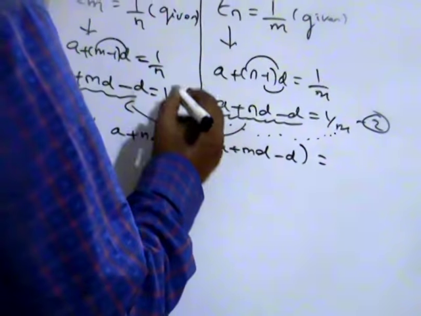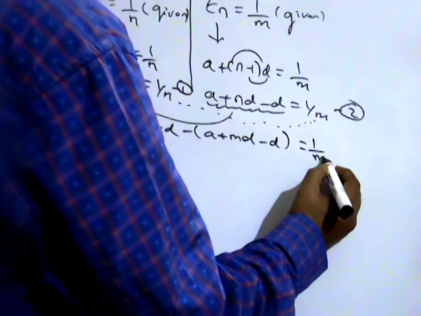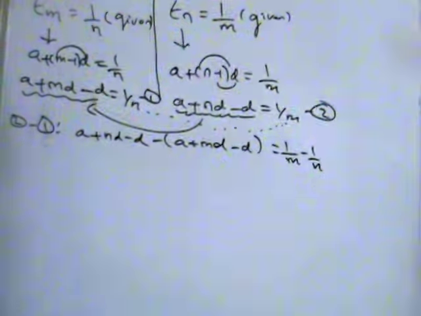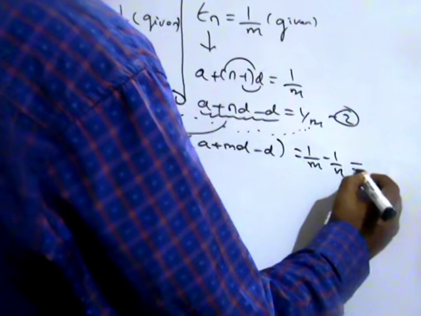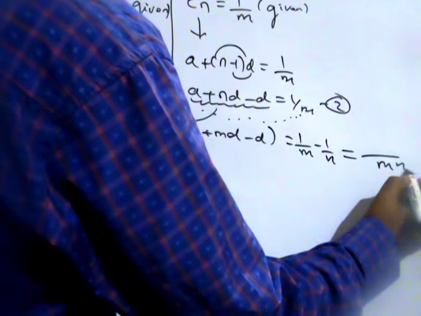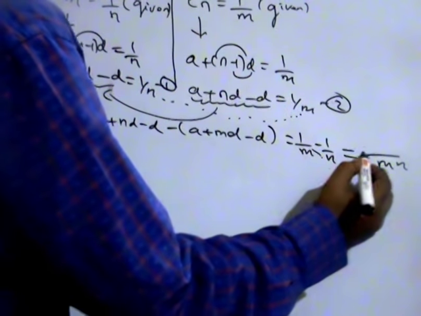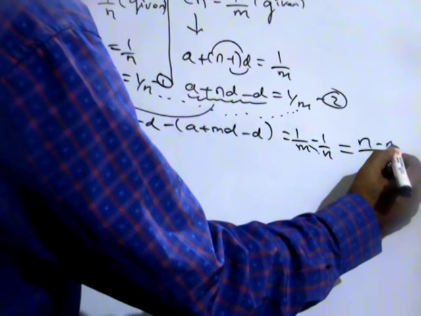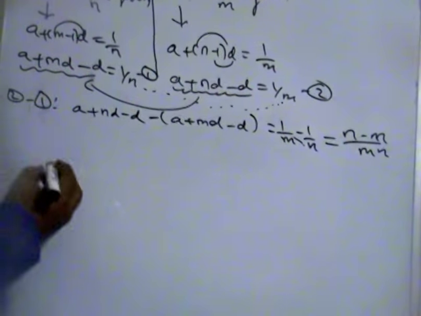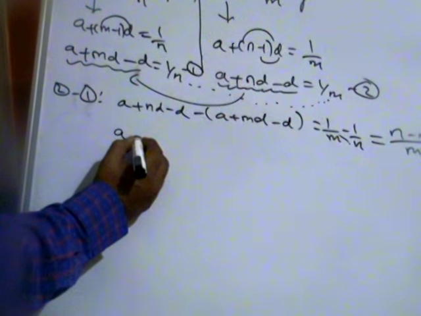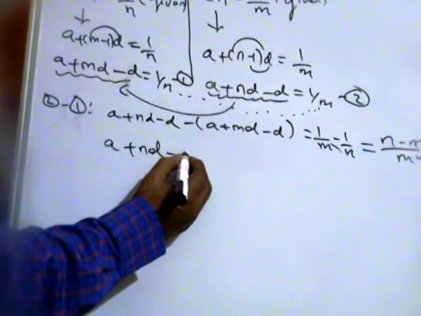So you get 1 by m minus 1 by n. The LCM is mn. This n will go there, n minus m by mn, you get it. So here what happens, look here, a plus nd minus d.